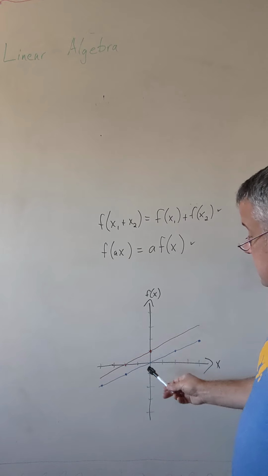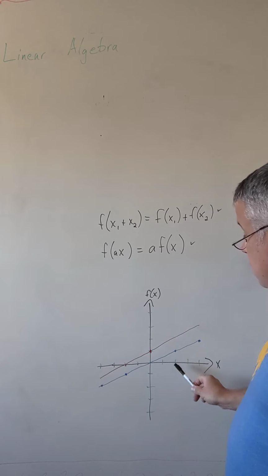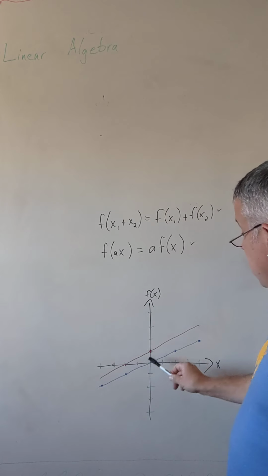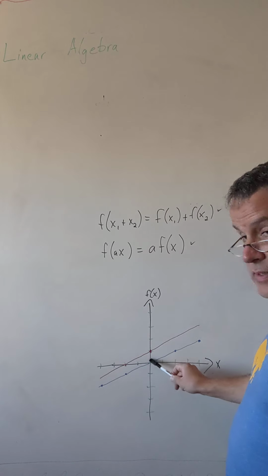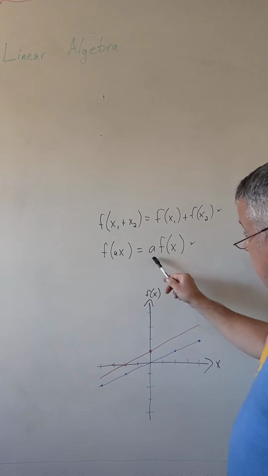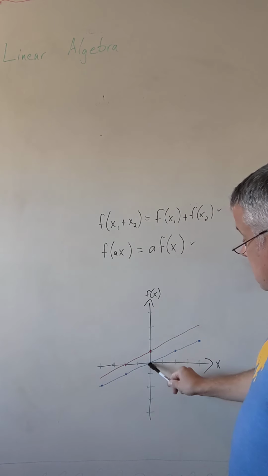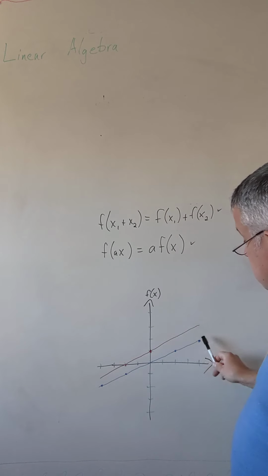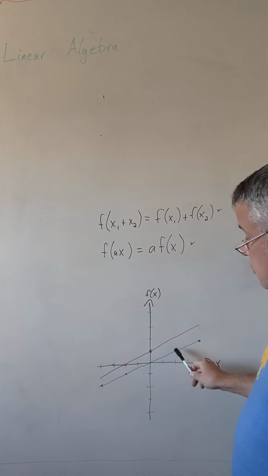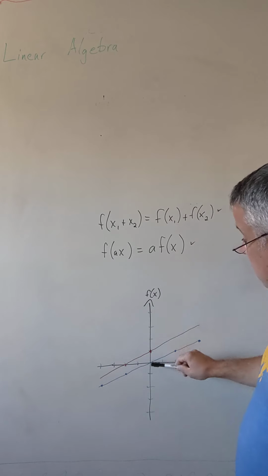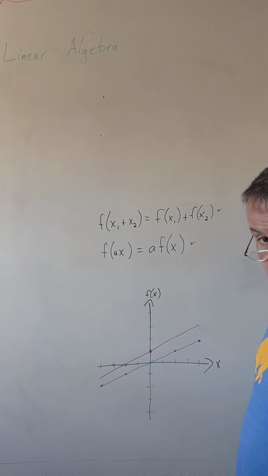And I could have just as well taken plus 2 as x1 and minus 2 as x2, and then I would have ended up at 0 for their sum, which works. And if I multiply by a scalar, say the scalar 2, I could say 2 times 2 is 4, and so the function also is double what it would be for the first one.